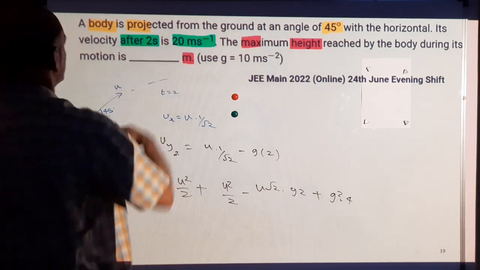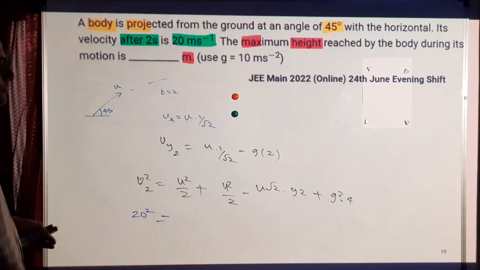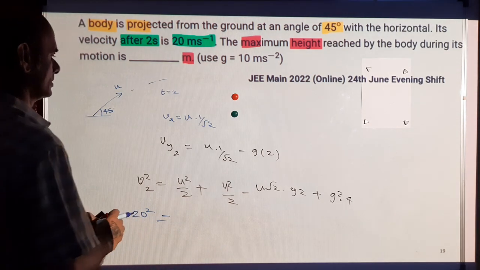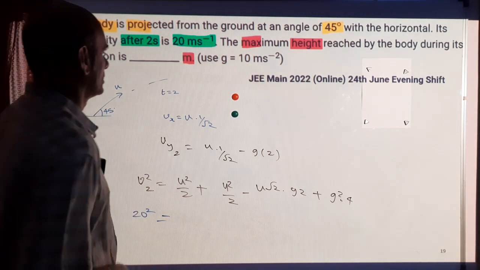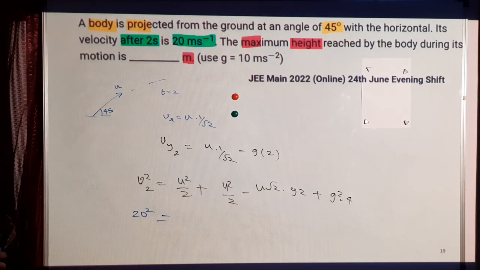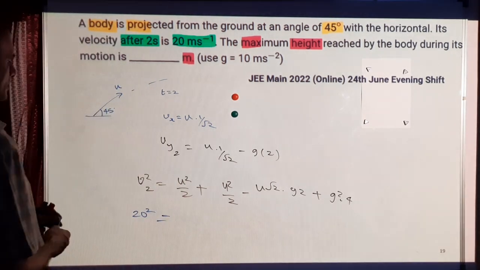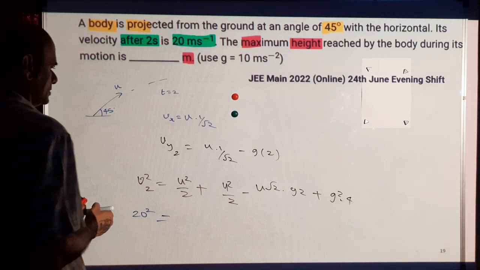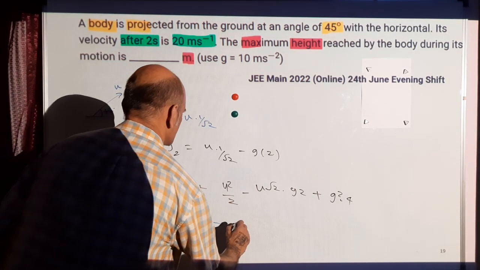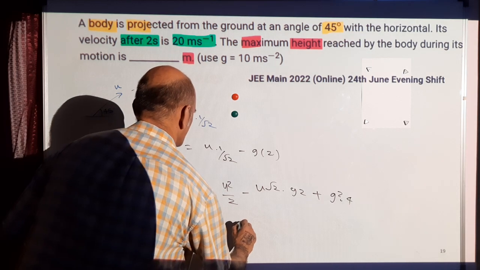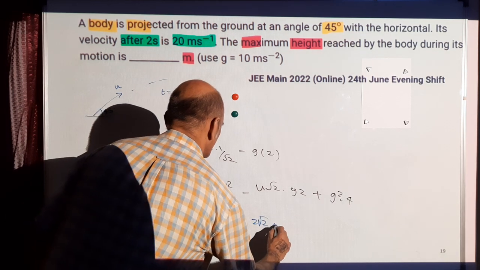And v2 square is 20 square, 400. So this is u square minus u into 2 root 2 g.